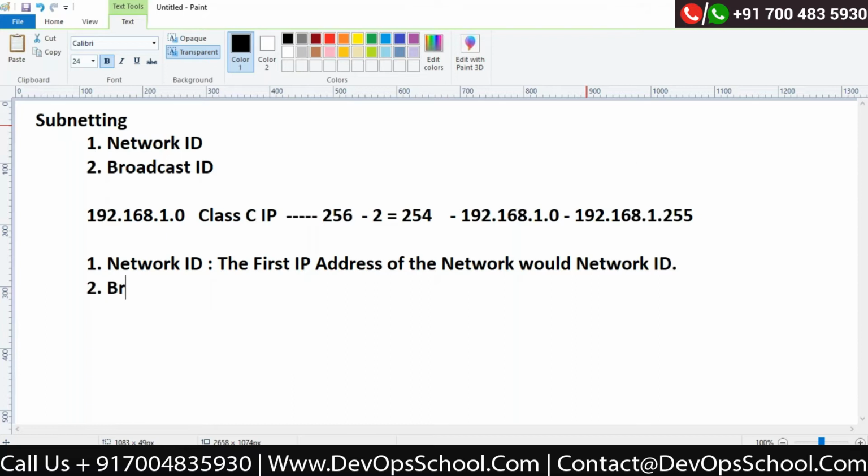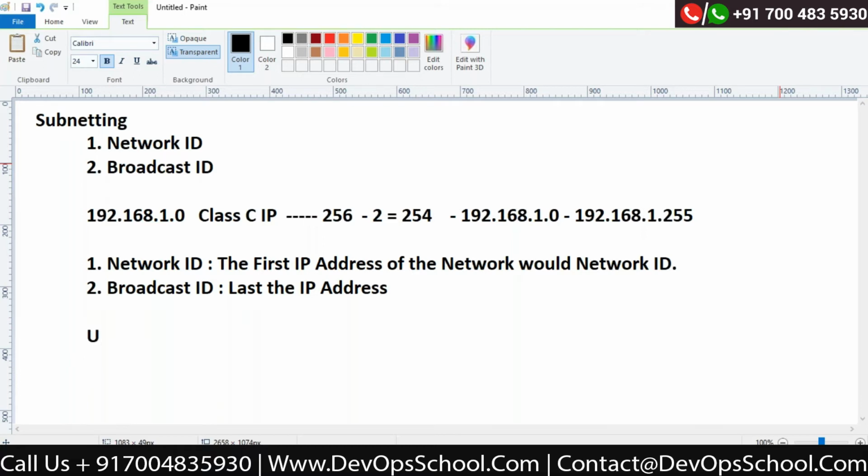This would be called the broadcast ID. So the first and the last IP address we cannot assign to any particular machine, because they have a special purpose. One acts as a network ID, and the other acts as a broadcast.